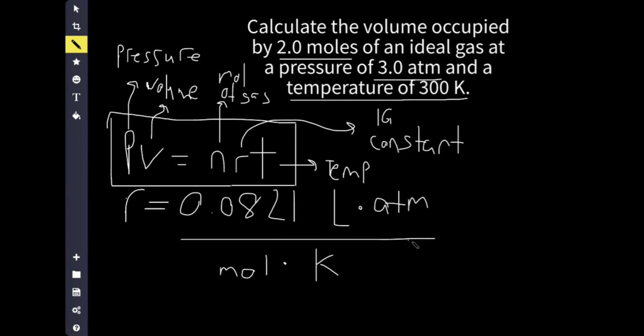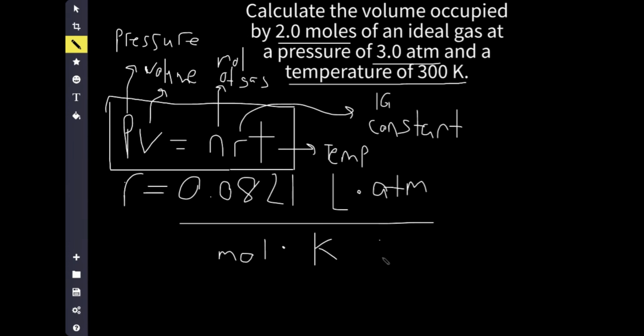You can have multiple ideal gas constants depending on what units you're using. But in this video, we're just going to use this one, and we also have in our formula temperature, which should be in Kelvin.